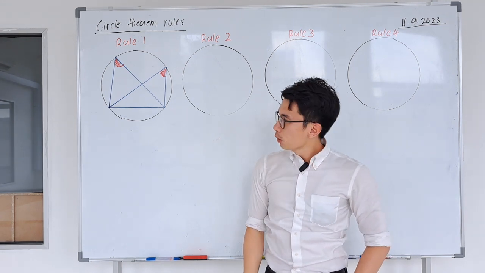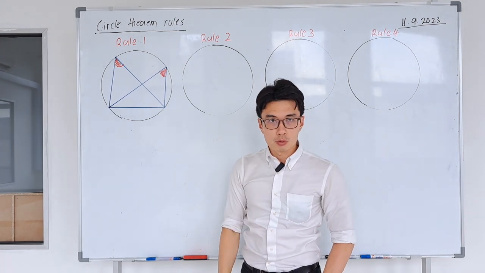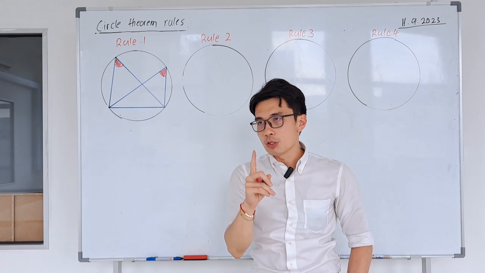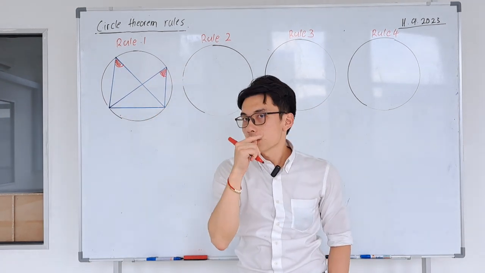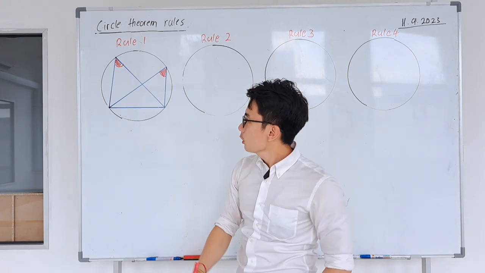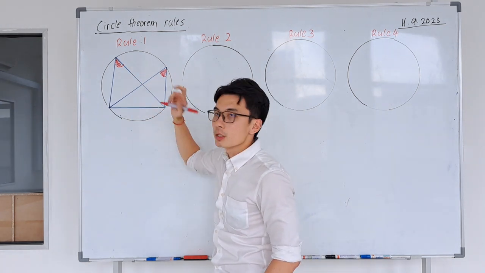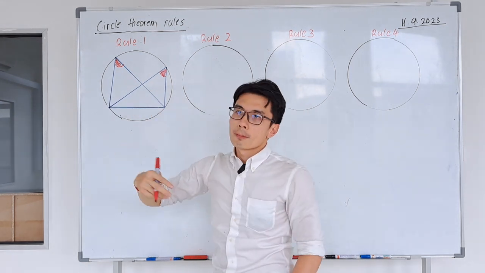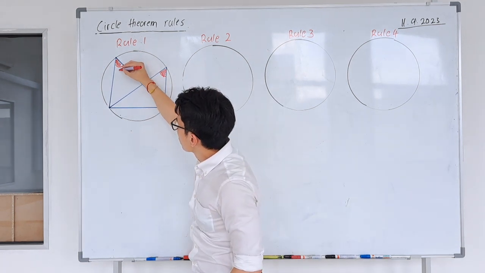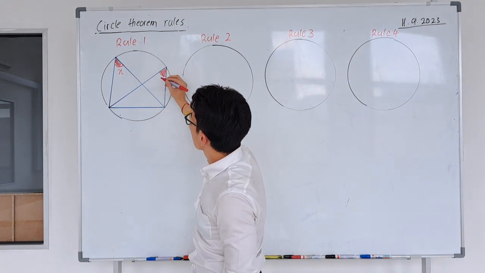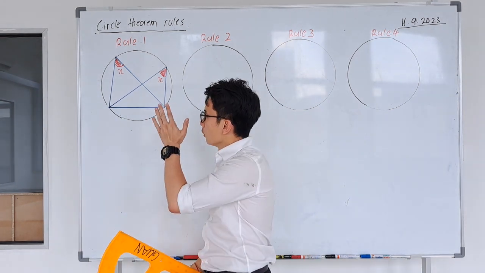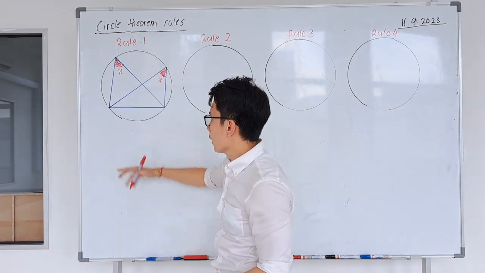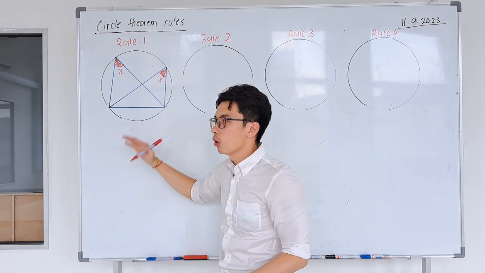Assuming you have done so, you will notice that your angles over here and here are the same. So I can write over here, this is x, this is x over here.